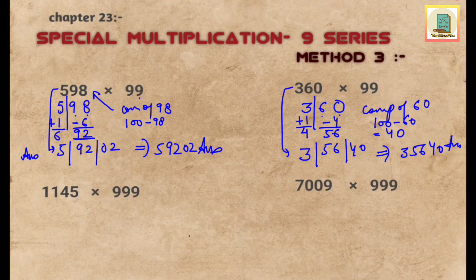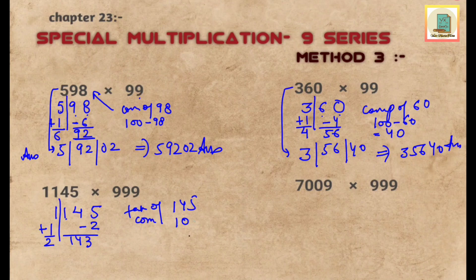So here the number is 1145. Now here there are 3 nines. So we leave 3 digits from the right hand side. So 1, 2 and 3. Leave 3 digits, put a partition. Now add 1 to it and here we get 2. 1 plus 1 is 2 and minus 2 over here. So we get 143 and take the complement of 145. So now 145, how will we take the complement?